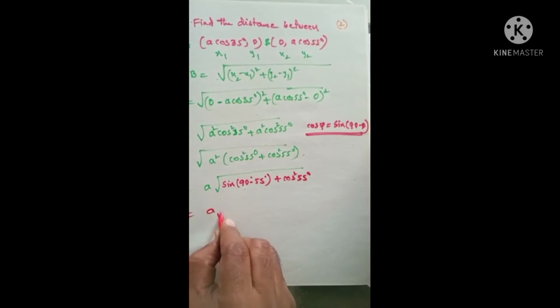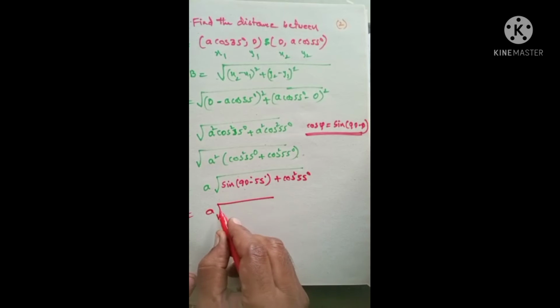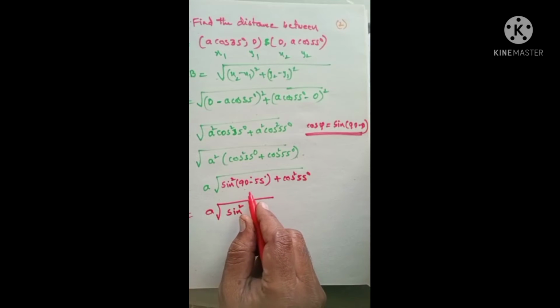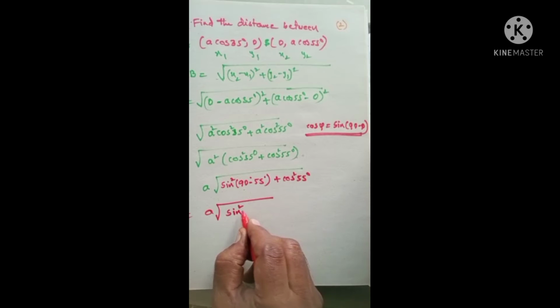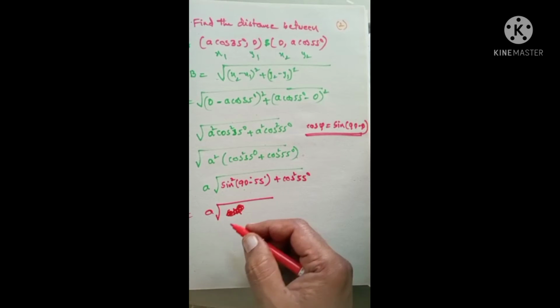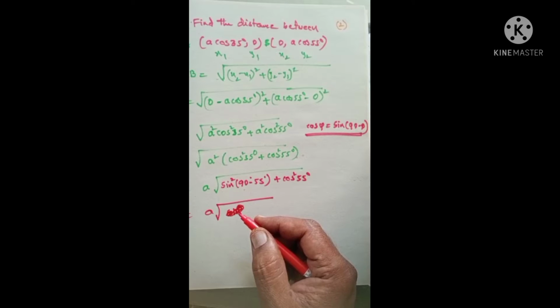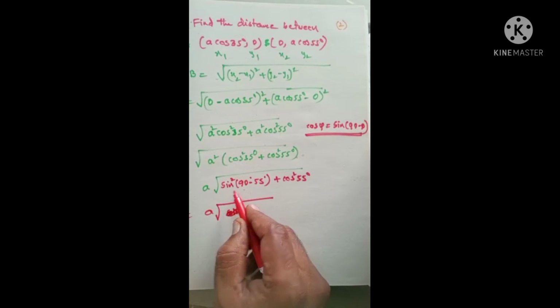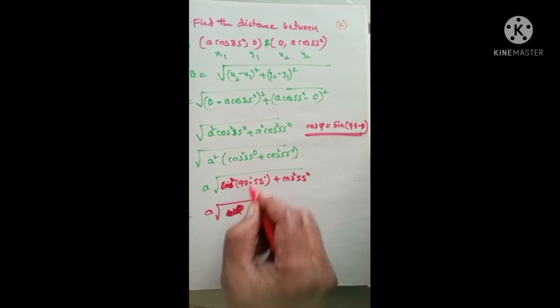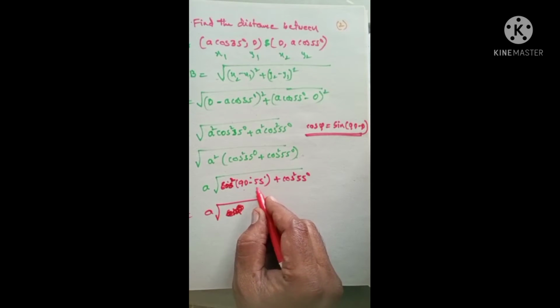Now you see, under root of sin of 90 minus theta. This is sin square, I am sorry, sin square 90 minus 55. So cos square 35 I can write as cos square of 90 minus 55 degrees.